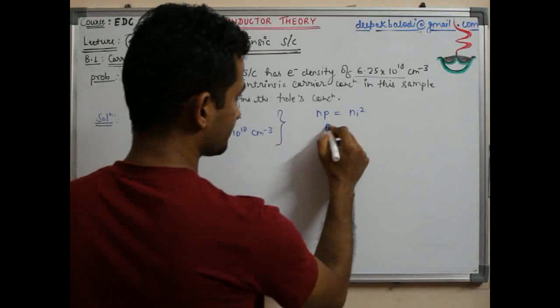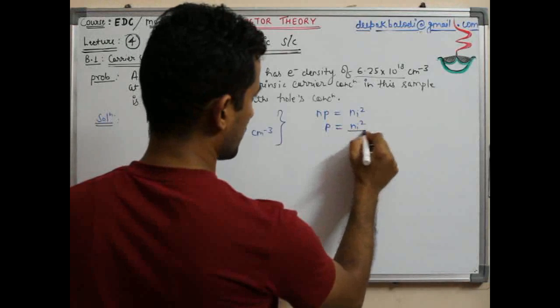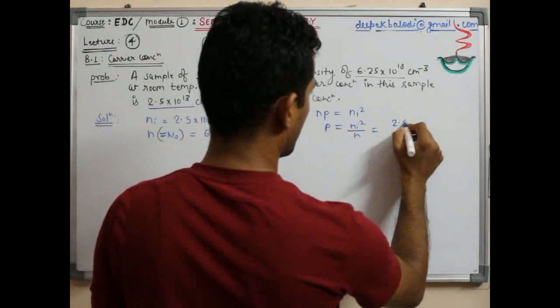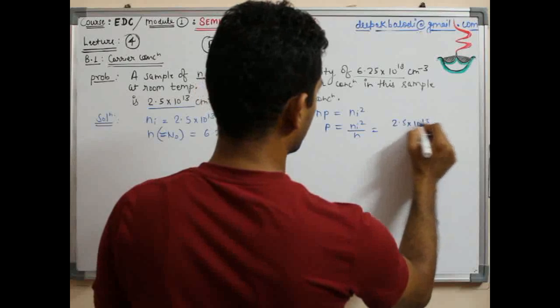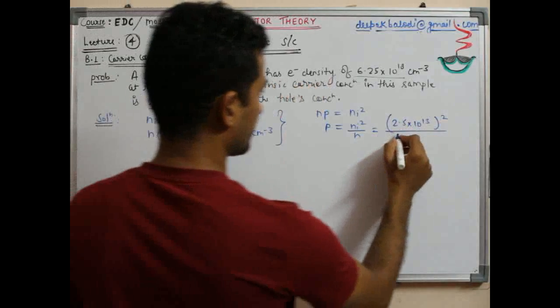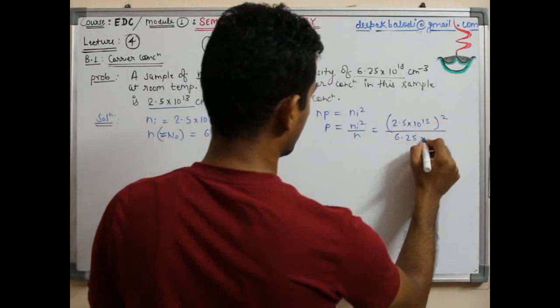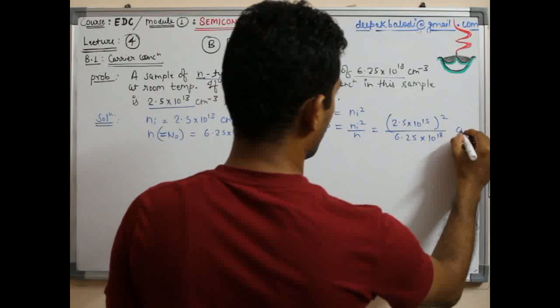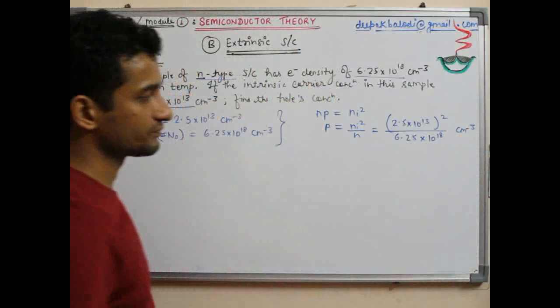So p is Ni square by n, and Ni square is 2.5 into 10 to the power 13 squared, upon n, which is 6.25 into 10 to the power 18 per centimeter cube.